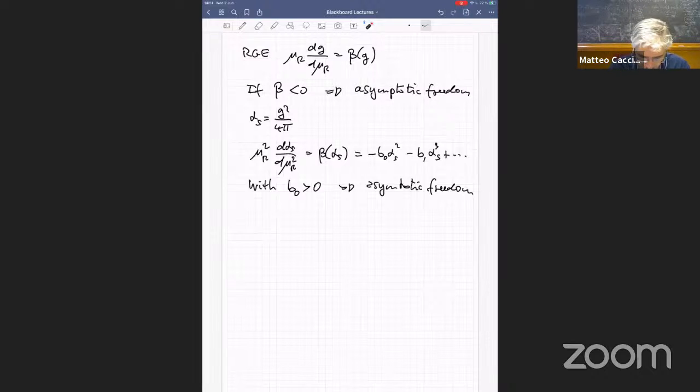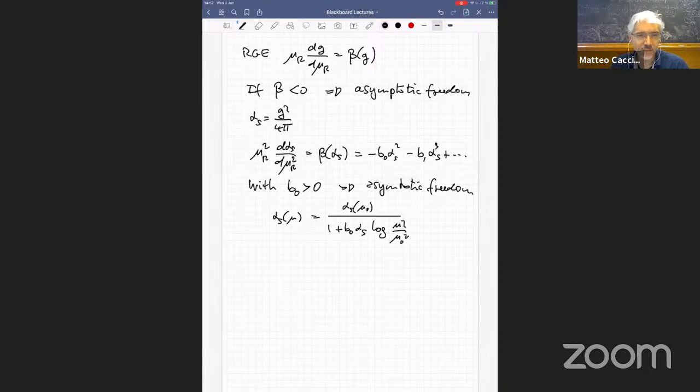The result, you can easily solve this renormalization group equation, and you get for alpha_S a behavior of this kind: alpha_S(mu) equals alpha_S(mu_0) divided by 1 plus B0 alpha_S log(mu^2/mu_0^2).